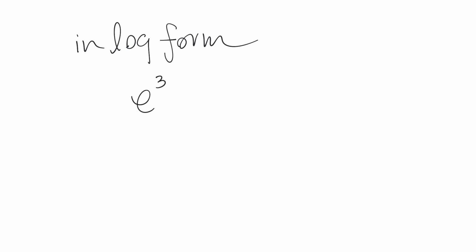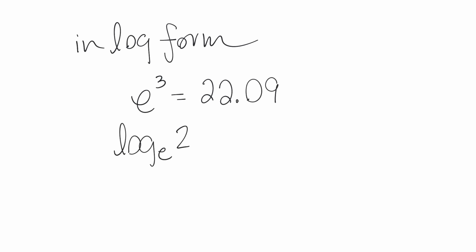What if we're going in the reverse direction? What if you're asked to put it in log form? What if you're given e cubed equals 22.09? If this is going to go into log form, you say, okay, log base e of 22.09 equals 3. But don't leave it with a log base e. Keep going.